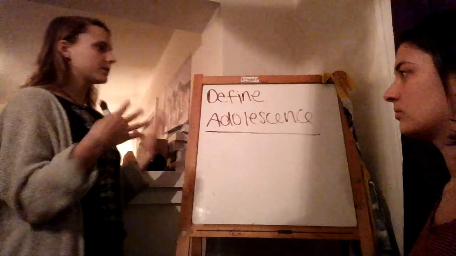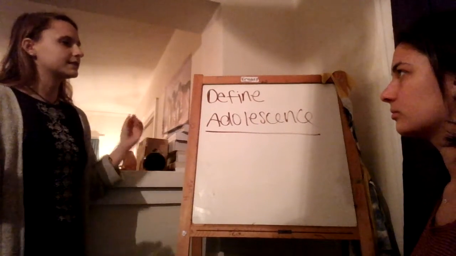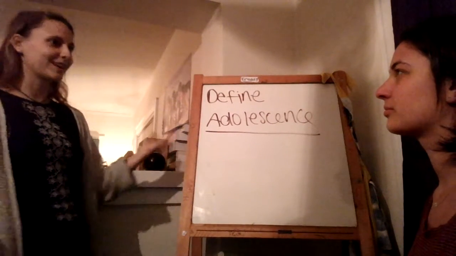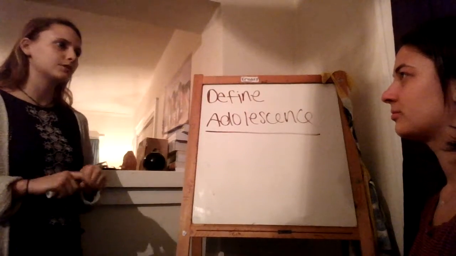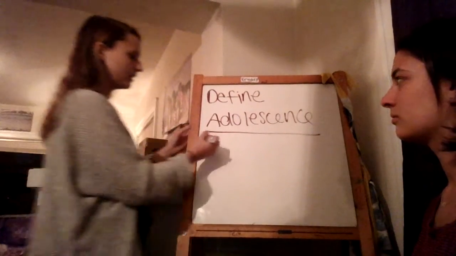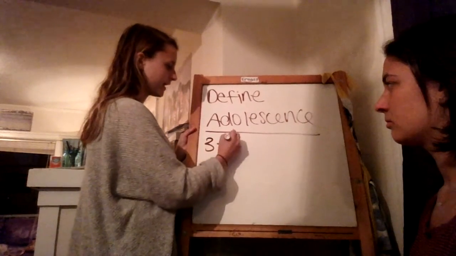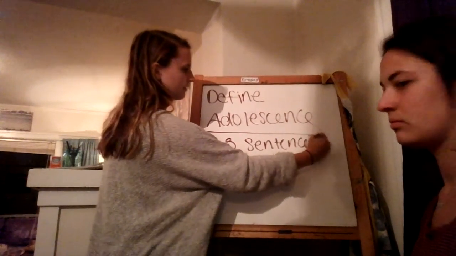And after you're done with that, you're going to get into a small group and see if you can still add anything, and then I'll have a volunteer come up and read theirs. Okay? So make it a paragraph, about 3 to 5 sentences.